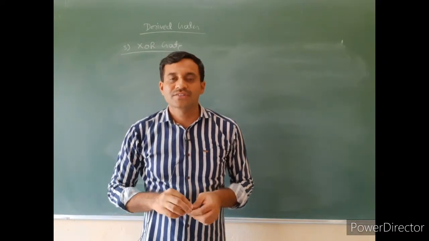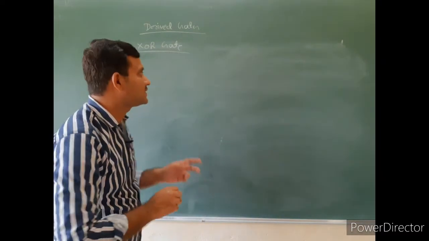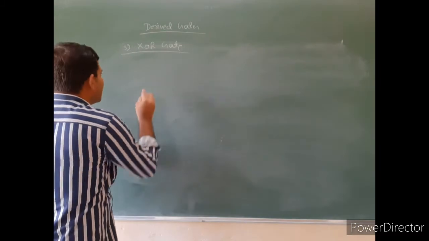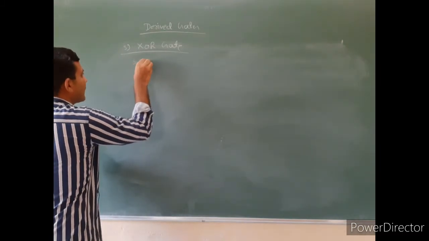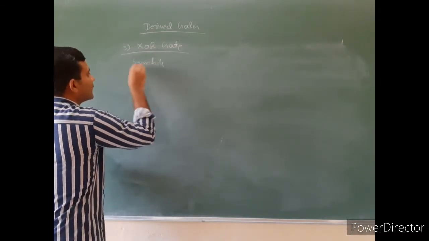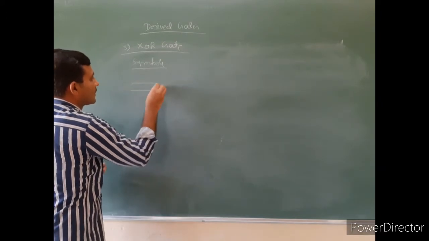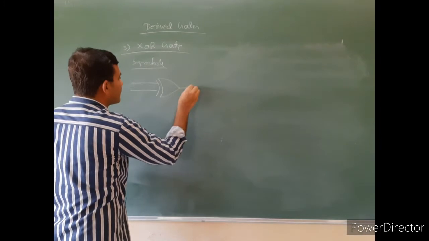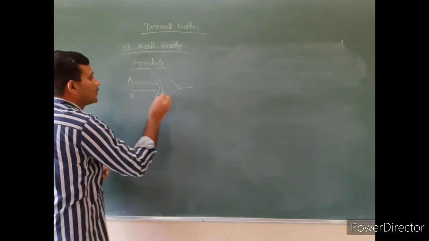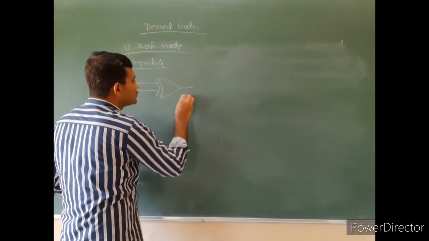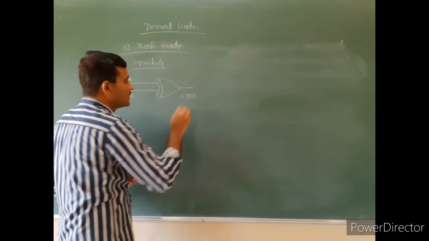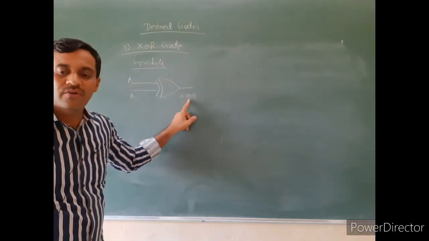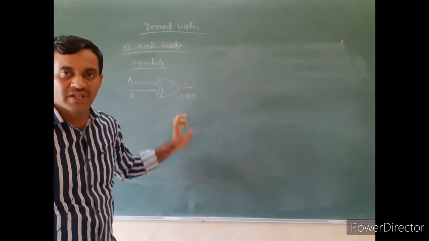See the symbol for the XOR gate. If the inputs are A B, then the output is A exclusive OR of B. How to write? A, plus with a circle, B, which is A exclusive OR of B.